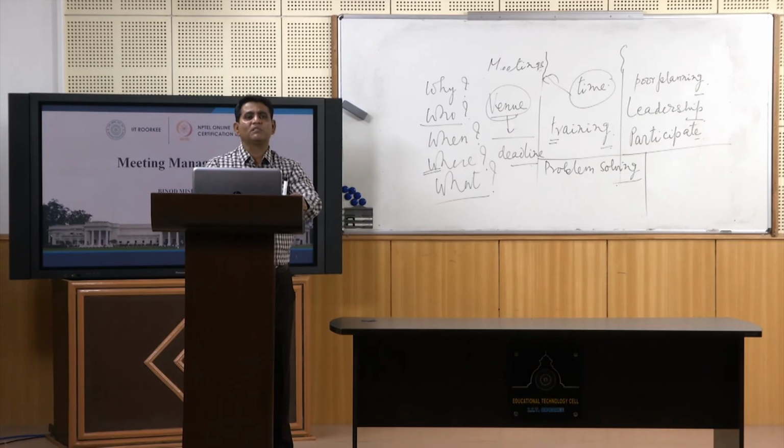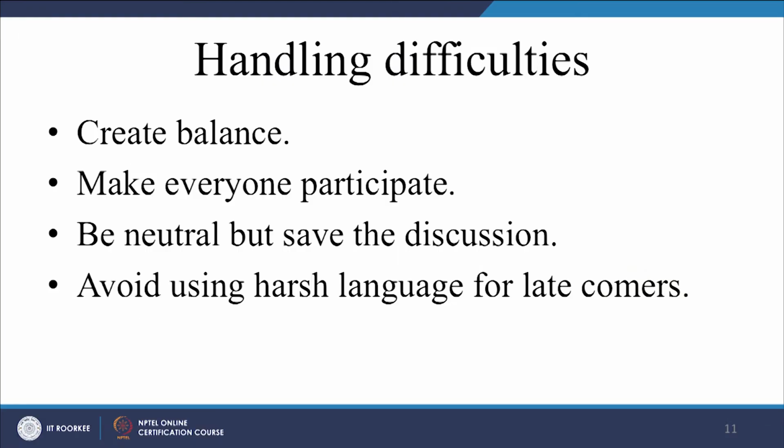But sometimes there are also difficulties, and here comes, as I'll repeat, the role of the leader. It is the leader's responsibility to create a balance and to ensure that everyone has participated.